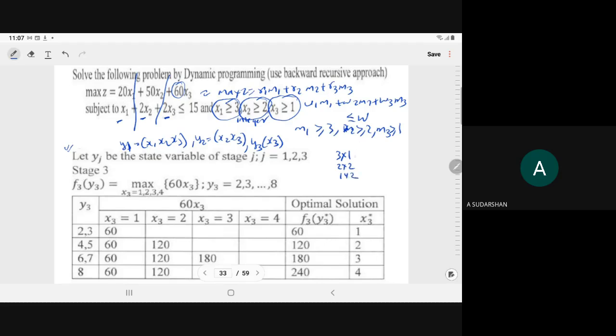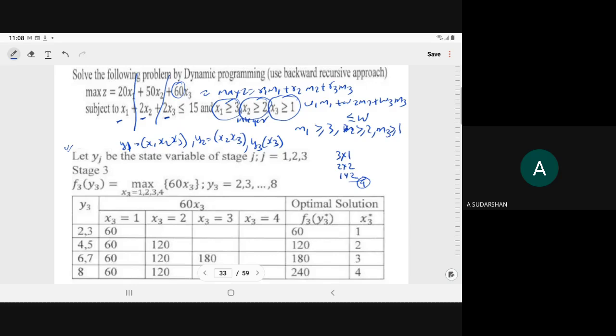So the minimum weight you require is 3 plus 4 plus 2, total 9. It means you have a choice of 6 only, because the maximum weight is 15. So you have 6 units for the alternatives, and that 6 we have to decide.